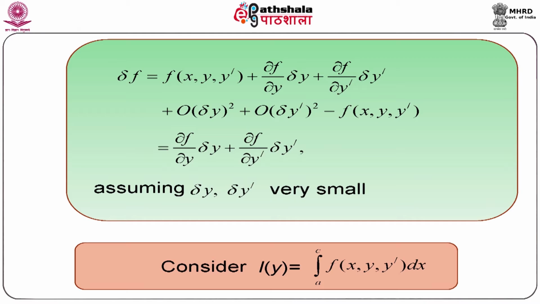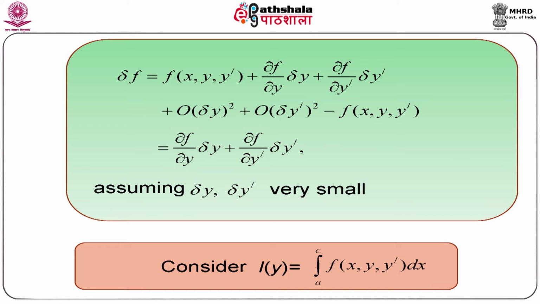If we consider the variations delta y and delta y dash to be very small, then delta y dash square and delta y square can be neglected. So, the higher powers of these variations can also be neglected.